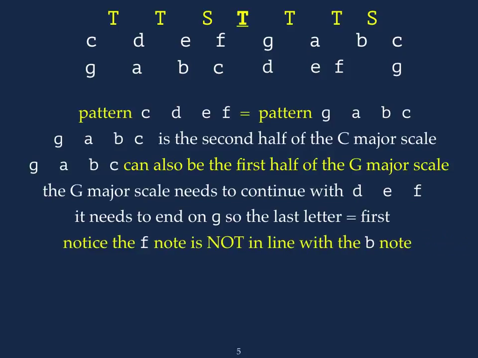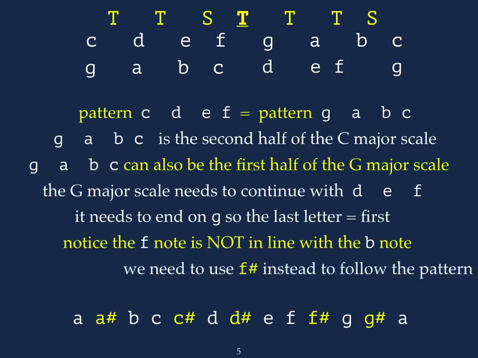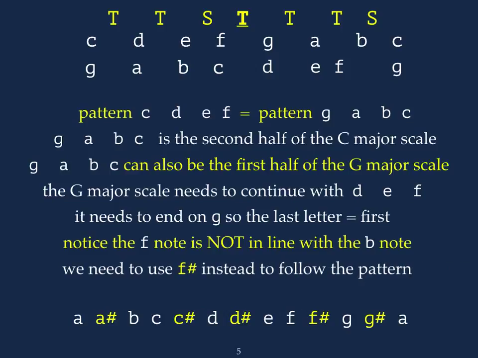Notice the F note is not in line with the B note. We need to take a look at the 12 letters of the music alphabet so we can see what we can choose from. We need to go a tone from E, so therefore F, just being a semitone, is no good. We need to use F sharp instead.